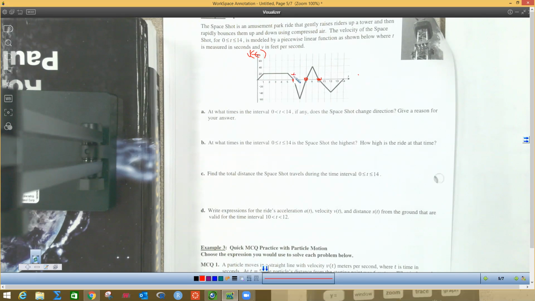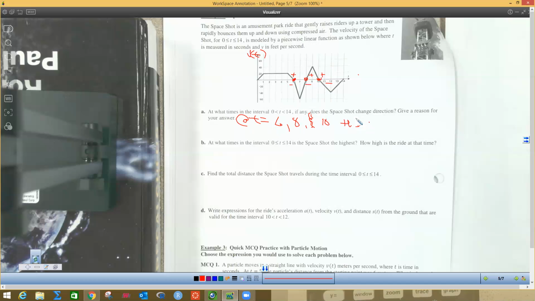But if we look, velocity goes from positive to negative here, negative to positive there, positive to negative there. So these 3 places are where the object is going to change direction, because remember, velocity positive means moving right, velocity negative means moving left. So we would say at t equals, let's see, 1, 2, 3, 4, 5, 6. I hope that's a 6. I can't see very well. 7, 8, 9, 10.